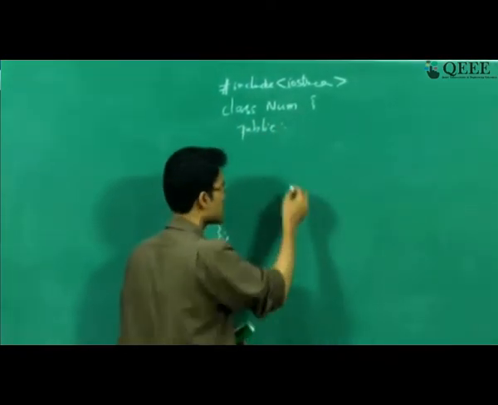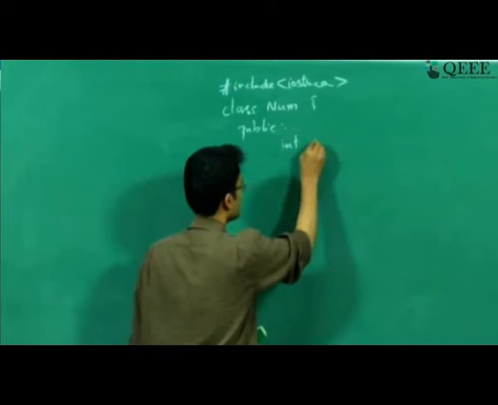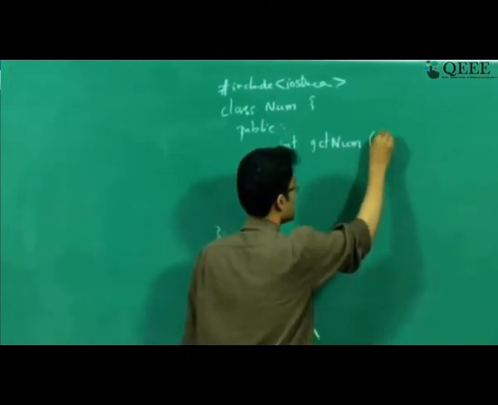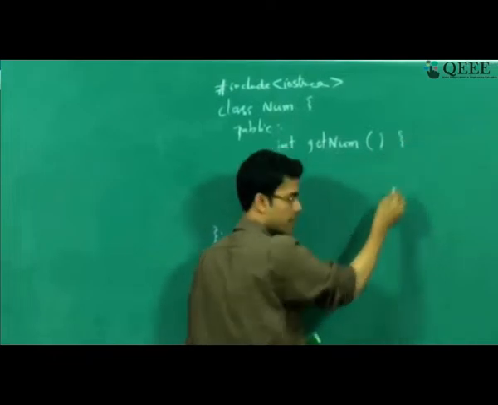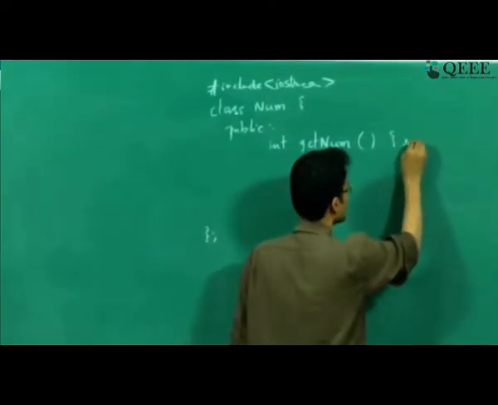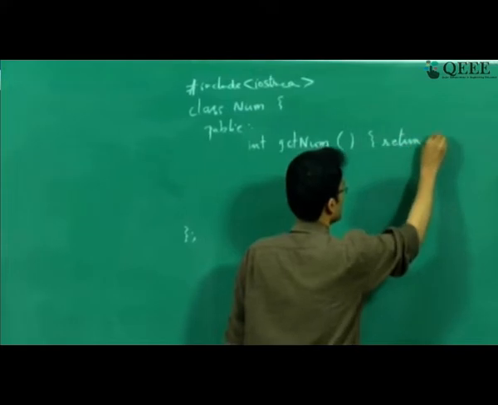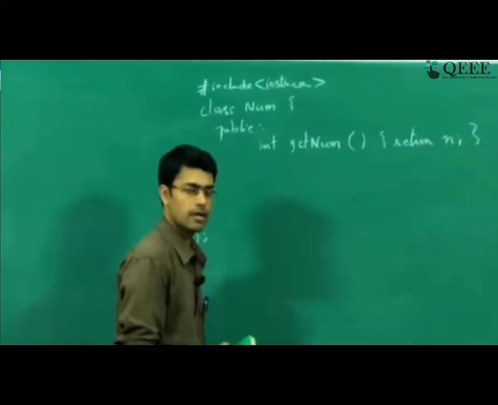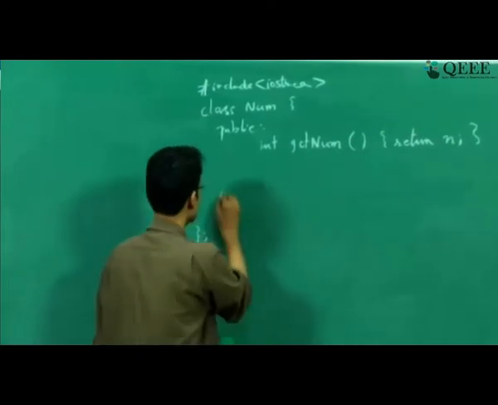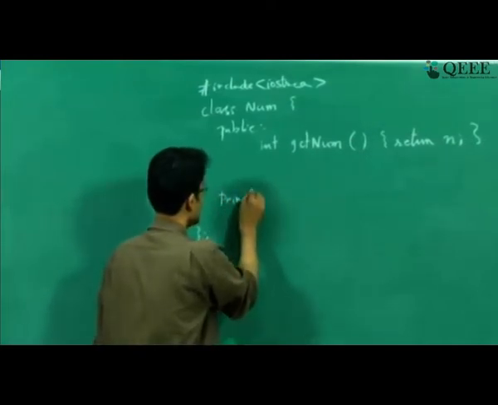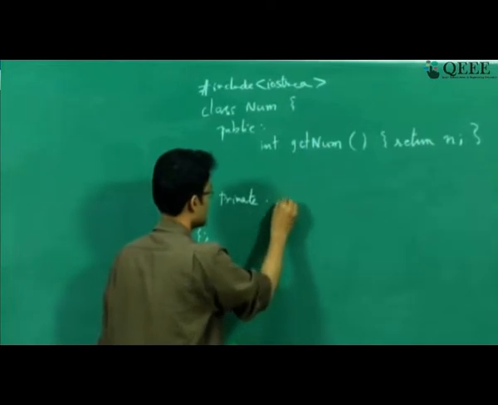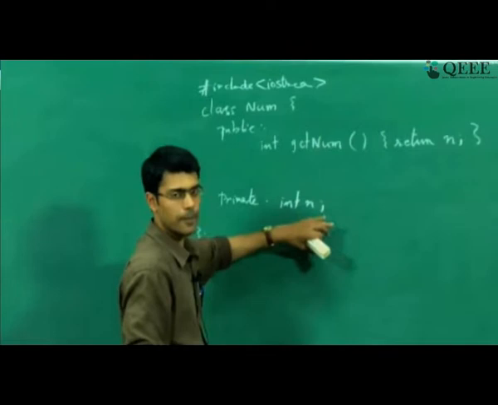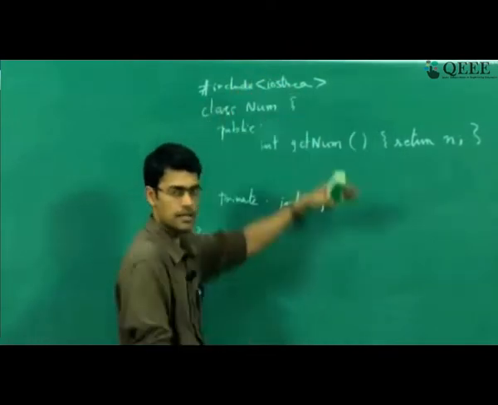public method, let's say, okay, let's fill that up right now itself, getNum. So it's a getter method which returns something, let's say return n, where n is a local variable of this class, which means that there is a private int n, right, which is what is being encapsulated as part of this Num class, right?